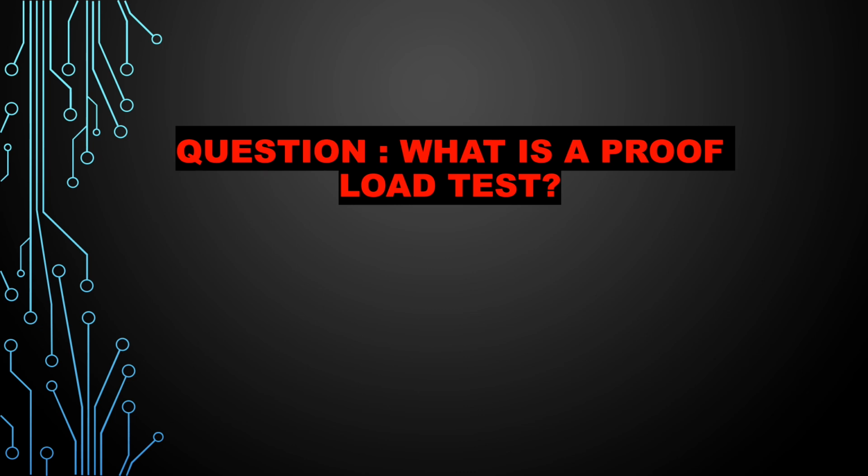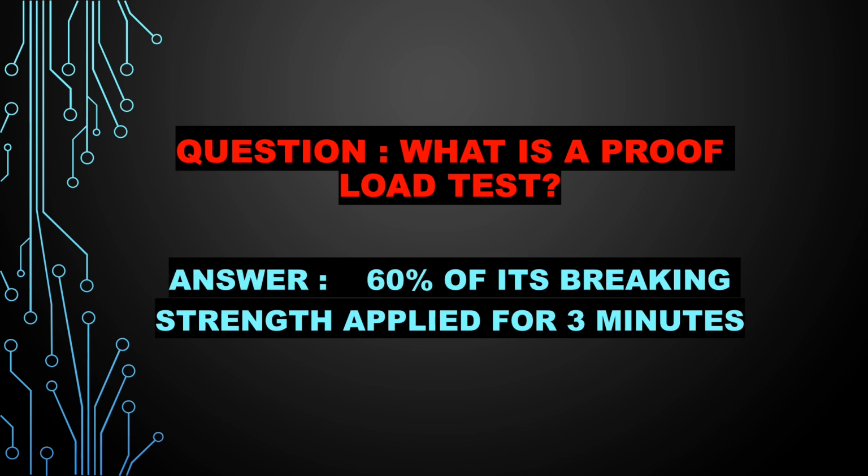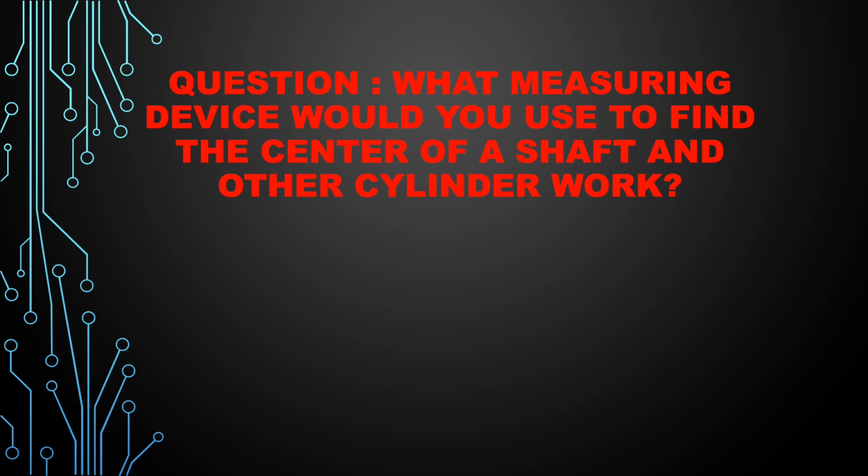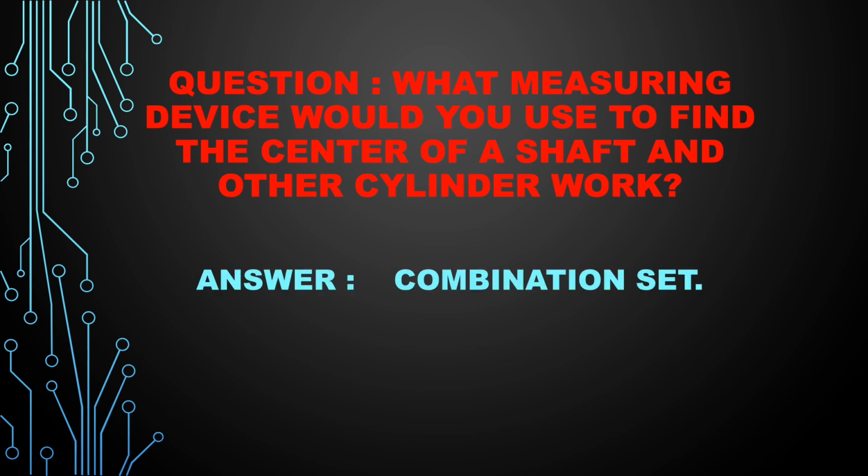Question: what is a proof load test? Answer: 60% of its breaking strength applied for 3 minutes. Question: what measuring device would you use to find the center of a shaft and other cylinder work?